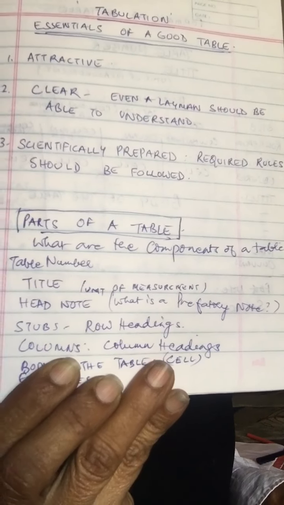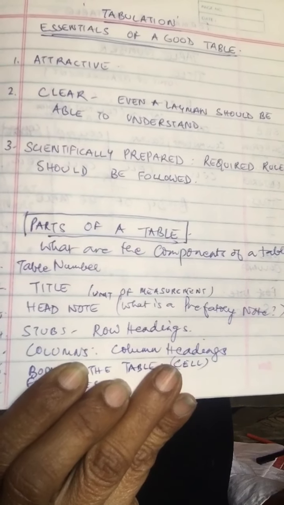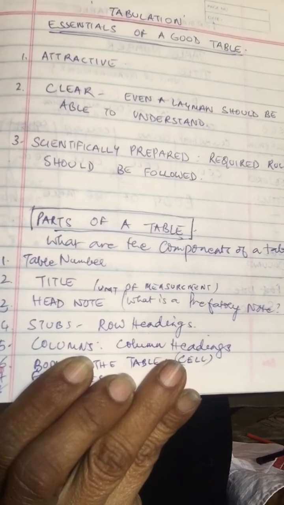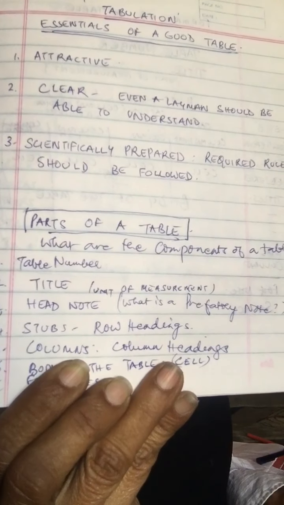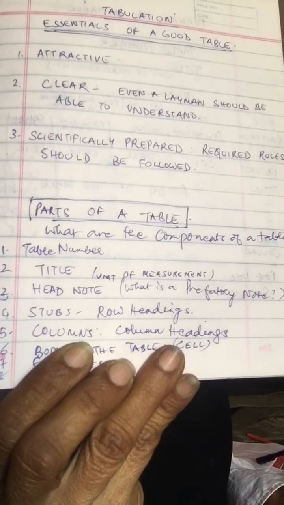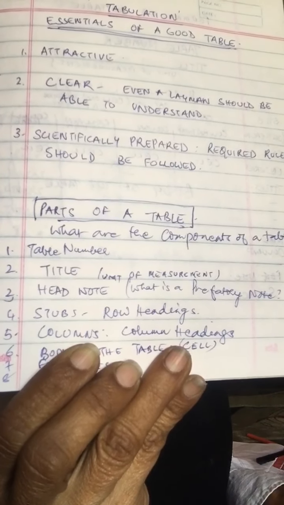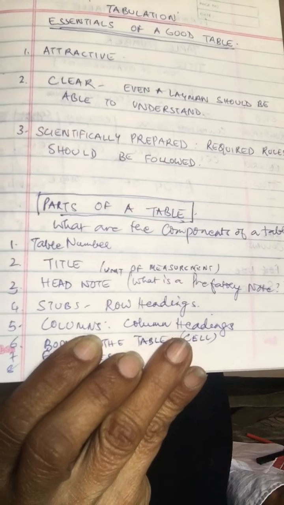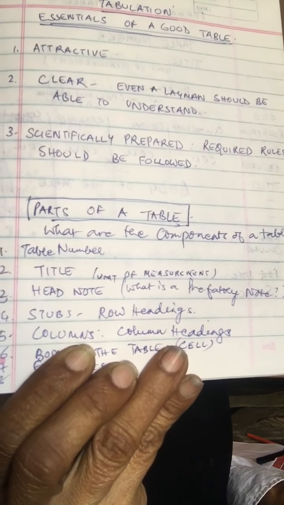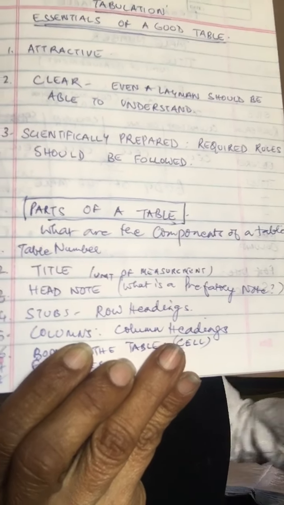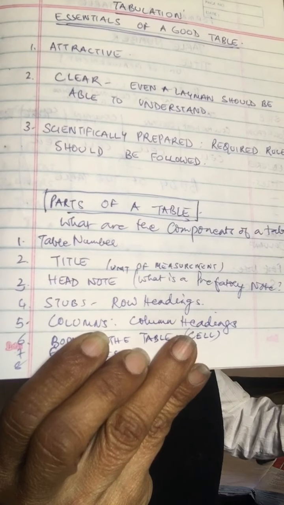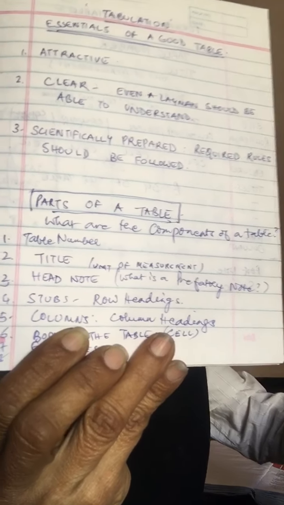A table must have a suitable title at the top. Footnotes should be given if needed, and an asterisk can be marked there corresponding to the concerned item. So the rules or parts of the table as given should be followed.